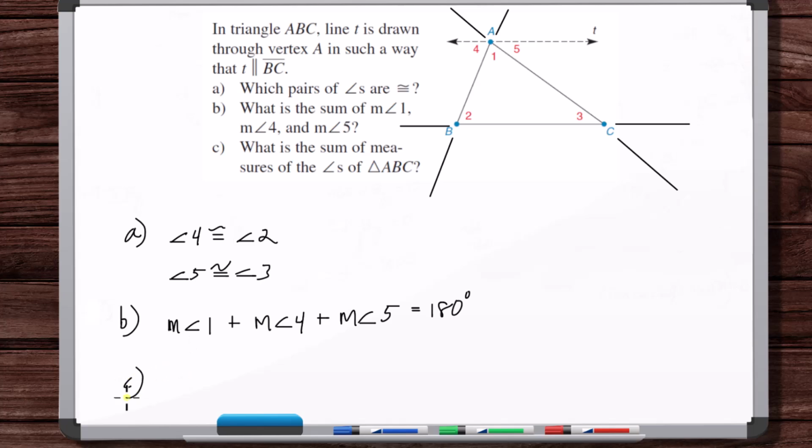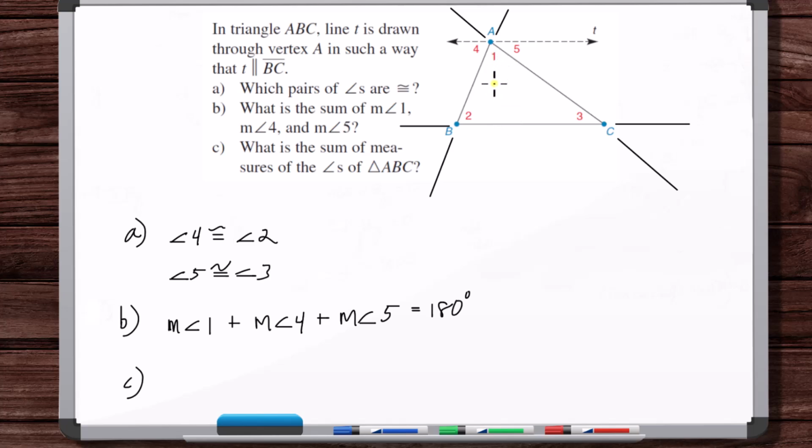What is the sum of the measures of the angles of triangle ABC? Well, that's going to be 180. But we haven't proven that yet in geometry, so maybe they want us to prove that. We know it's going to be 180 if you have any familiarity with triangles, but technically we don't know that yet.